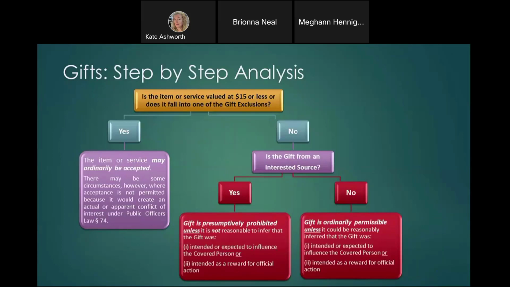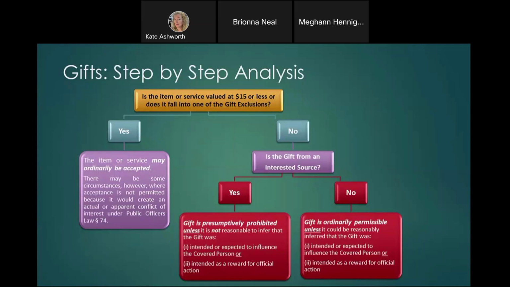But we also have to remind them of Public Officers Law 74. Are there circumstances where, even if they're being given an item of nominal value, depending on who it is or what other circumstances might be present, if it's being given to them to reward them for an official action, or to try to have that officer or employee take certain official action, then it may not be okay.